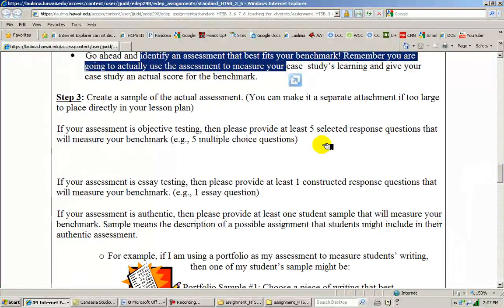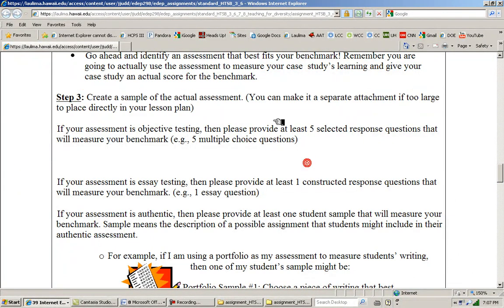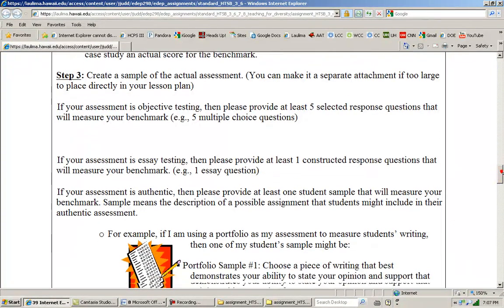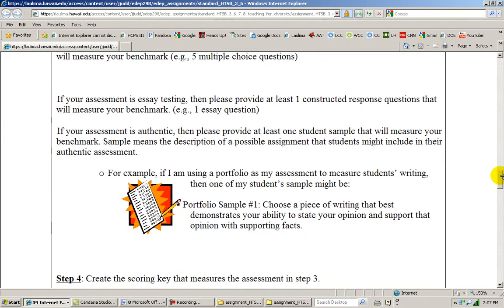Now, to get an idea of what it's going to look like, we need you to create a sample of the actual assessment, which you can use as a separate attachment if it's too large. So if you're going to do a multiple choice test, and you should, after what I just said about multiple choice tests, if it is something that requires an action verb of identify, then a multiple choice test is completely appropriate for measuring that type of action verb.